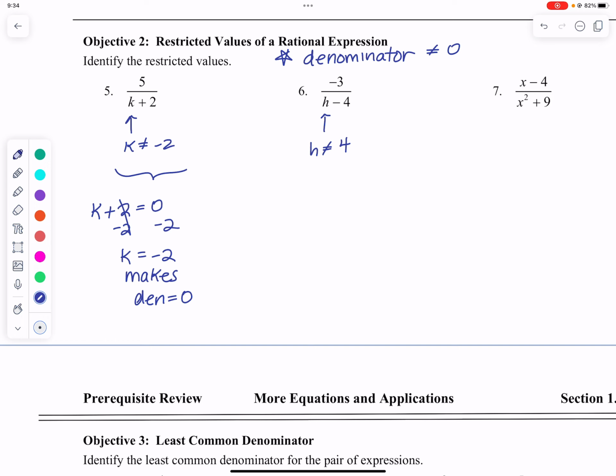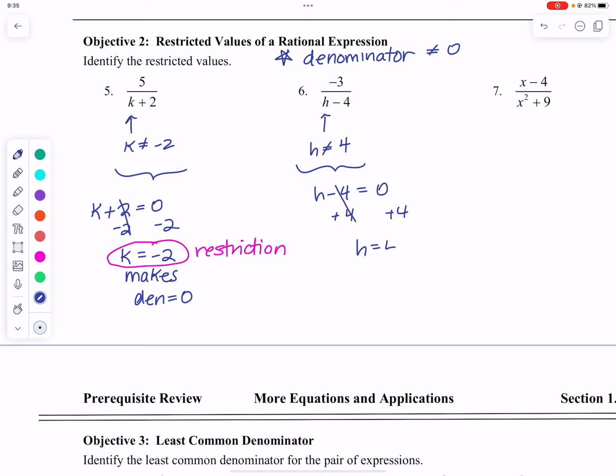So k equal to -2 is a restriction. How did I come up with h not equal to 4? I said h minus 4 equals 0. I add 4 to both sides, and h equals 4. And h equal to 4 makes the denominator equal to 0, so h equal to 4 is the restriction.